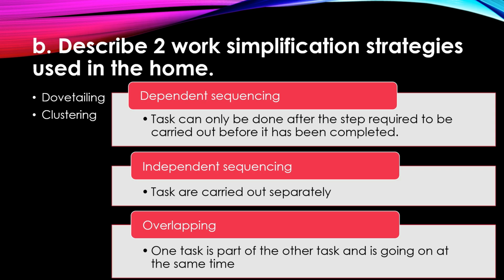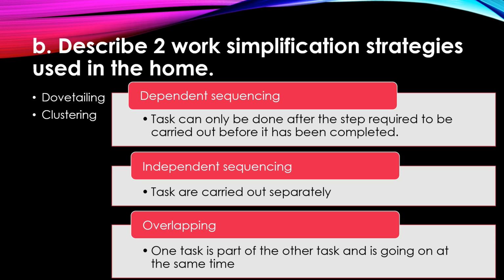Question 3b asks to describe 2 work simplification strategies used in the home. There are quite a few of them. Dovetailing and clustering can be found in the video on my channel for 2018. Here I'll go ahead and describe dependent sequencing and independent sequencing, as well as overlapping.